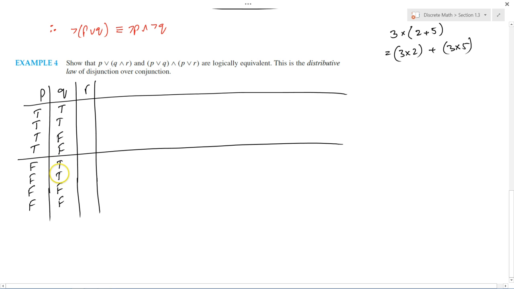And then for R we alternate every one: true, false, true, false, true, false, true, false, and there you go.